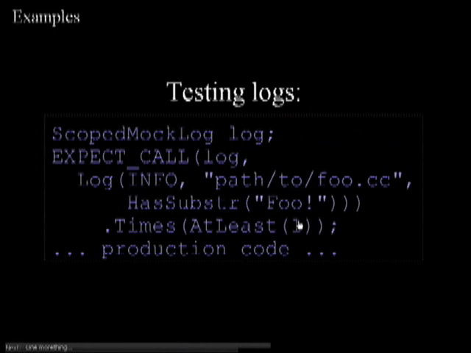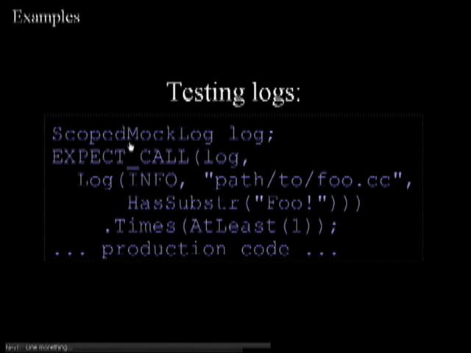Here's another real example taken from Google 3 code. We talked about testing logs. Here's how you do it. First, we create an instance of the scoped mock log class, which is provided by gMock.